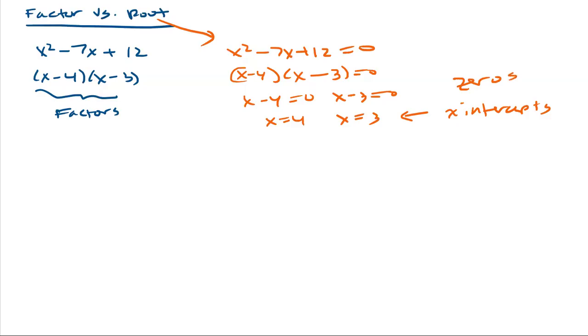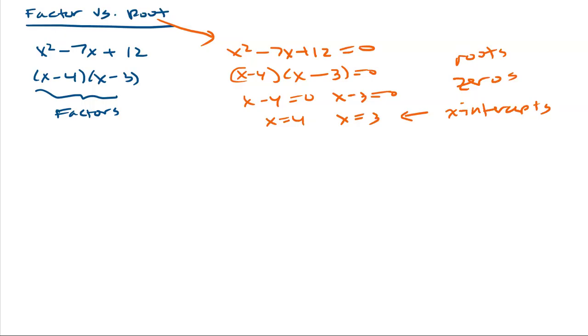So the x-intercepts, when you solve them, are zeros, and they're also called roots. So these are all the same thing. But before you solve them, when they're in this form here on the left, these are factors. That's the difference between a factor and a root.